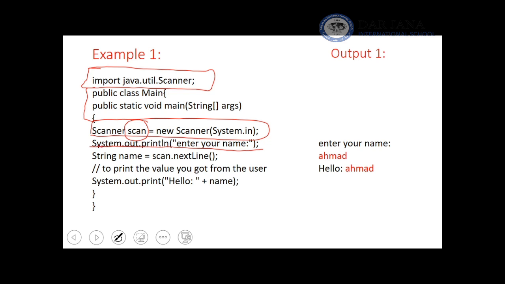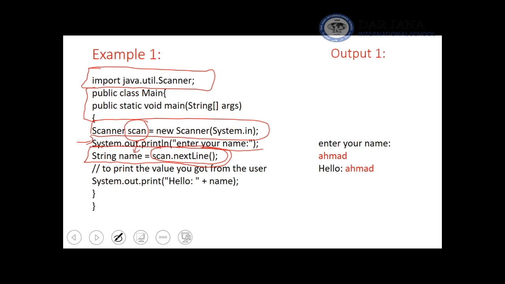And over here I'm reading the value from the user. After seeing this part, System.out.print, the compiler will halt and wait for the user to give the value and press enter. After pressing enter, scan.nextLine is going to read the value of the user as a string value and put it inside the variable name.